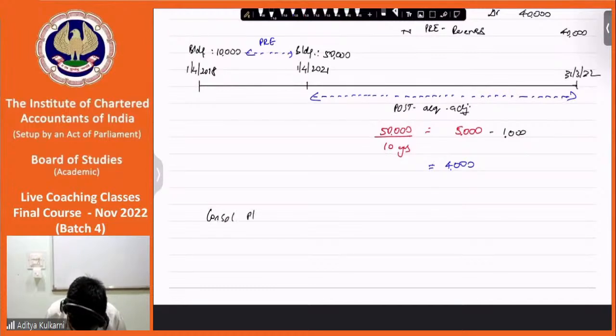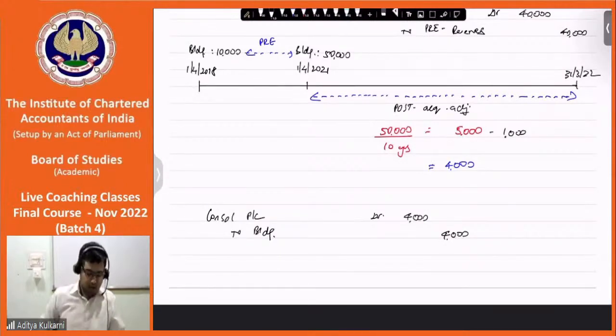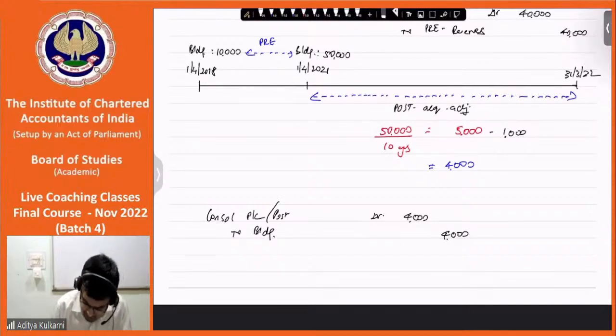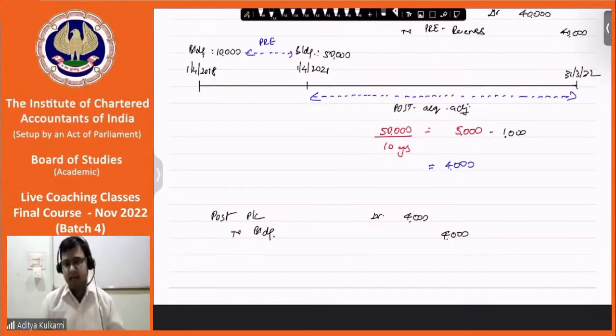Consolidated P&L account debit to building 4,000. Consolidated P&L, or what I call post P&L. This is better. Don't write it as consolidated, because ultimately we have to divide it between parent and NCI. Write it as post P&L.